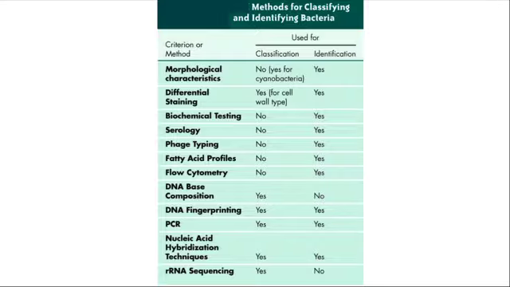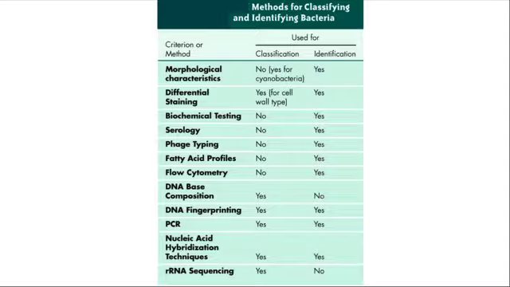There are different methods that we can use to classify or identify bacteria. We can use morphology for identification, differential staining, biochemical tests, serology, phage typing, fatty acid profiles of the bacteria, and flow cytometry. DNA-based composition can be used for classification but not for identification.